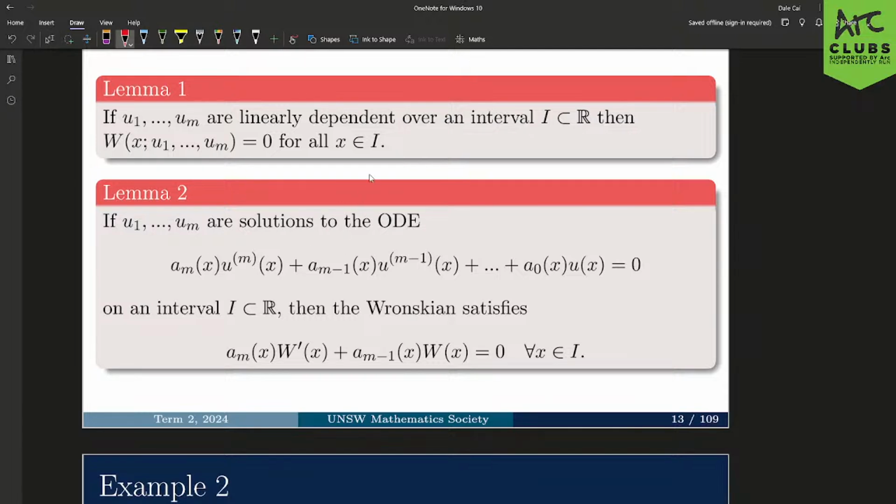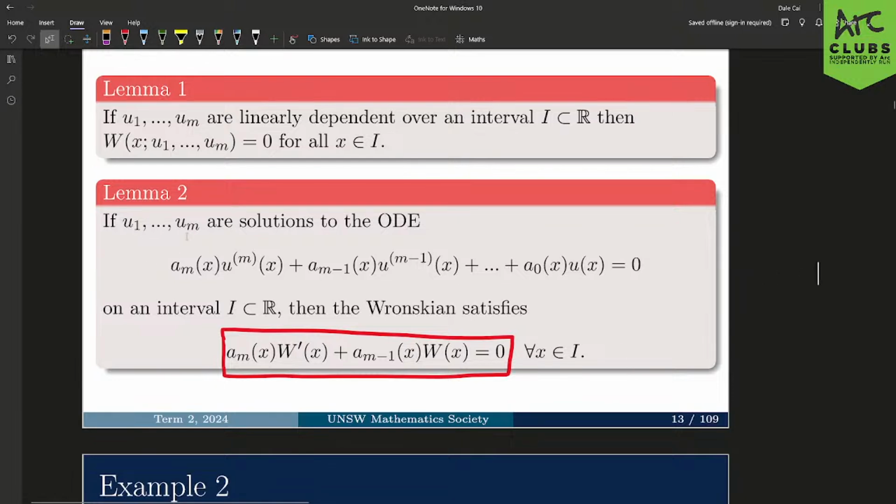So yeah, as I was saying, the Wronskian of this differential equation will satisfy this equation. The proof for this, I think the proof is very annoying for higher degree differential equations, just because the Wronskian is going to look very ugly. But this equation, normally used for usually second order or maybe even third order, it just holds.